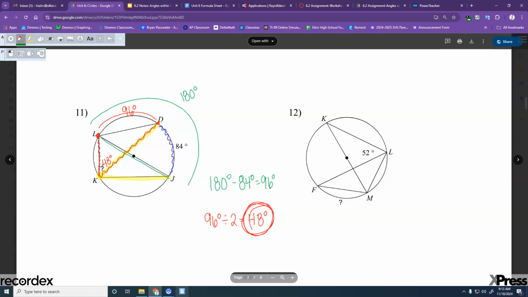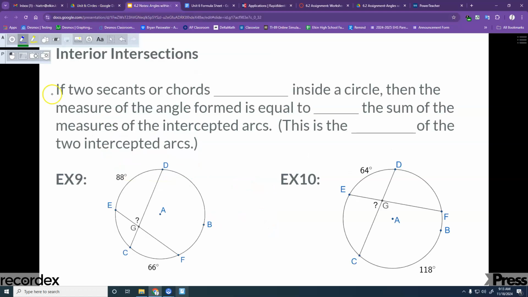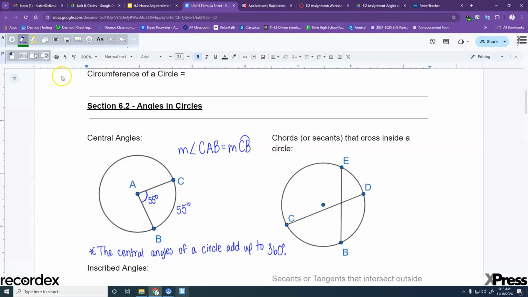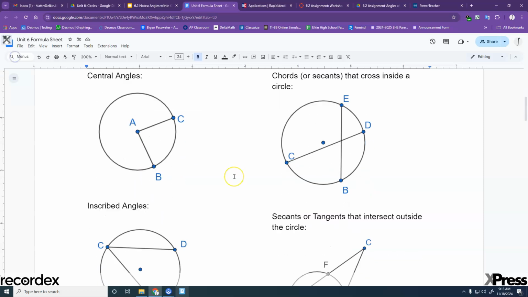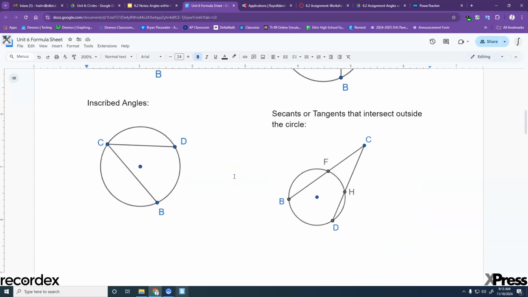Okay, let's fill in our formula sheet for our inscribed angles. Get that formula sheet that I gave you here.